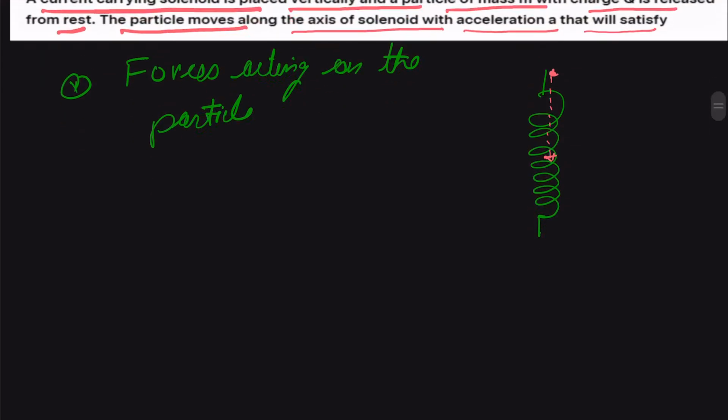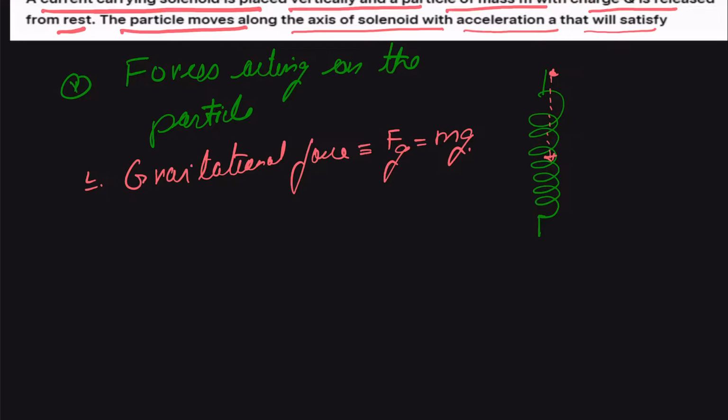So we are interested in forces acting on the particle. First one will be our gravitational force, that is our Fg, which will be equal to m times g, and it will be acting vertically downward.